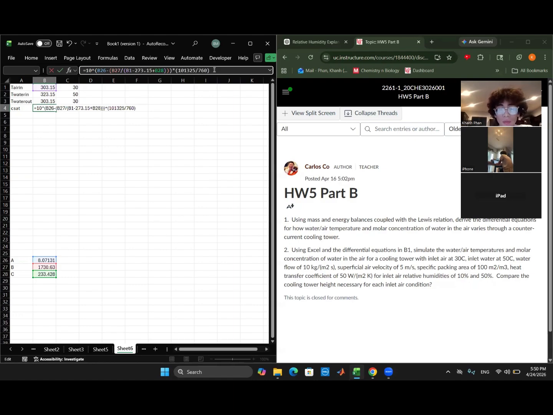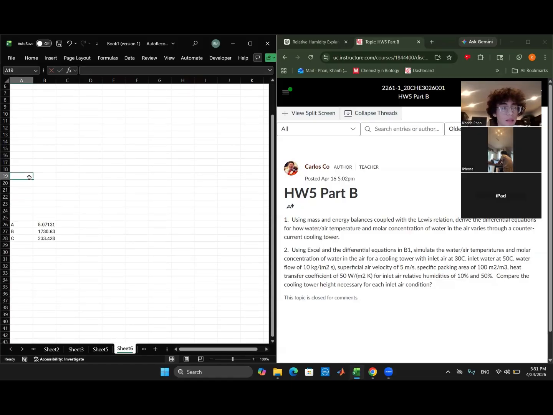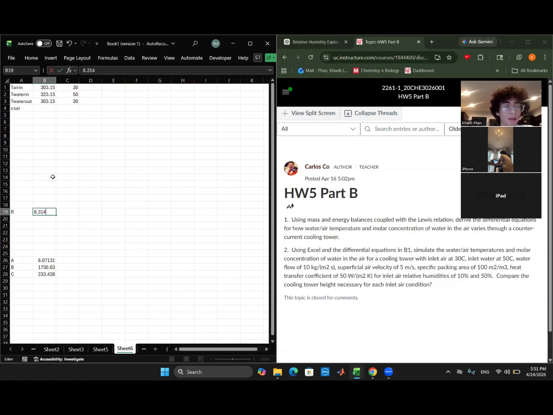All right, and then we're gonna also divide all of them by our R constant, which I'm actually gonna define down here. Say R constant is 8.314.